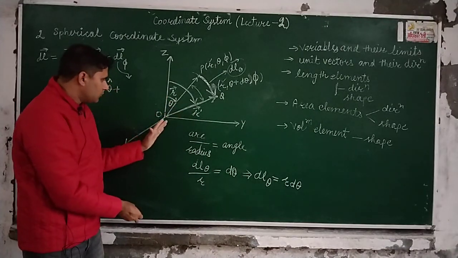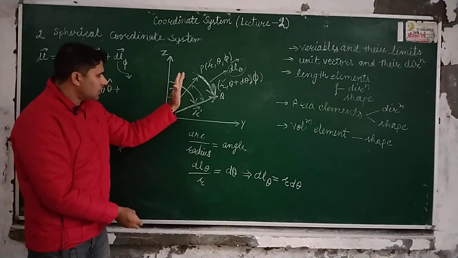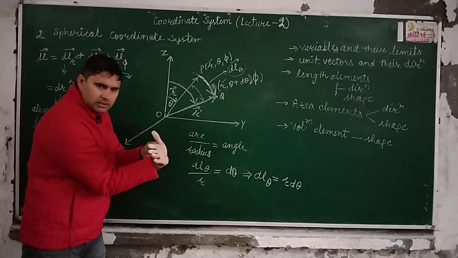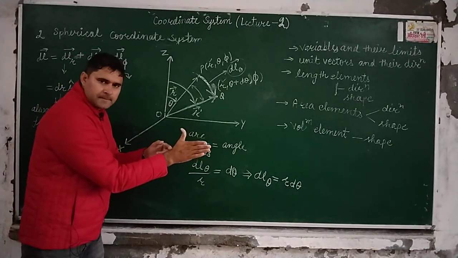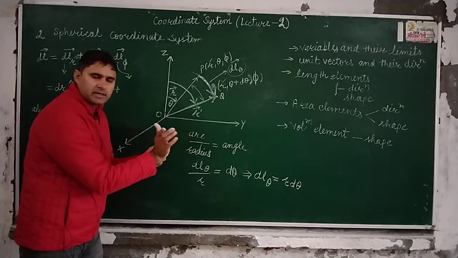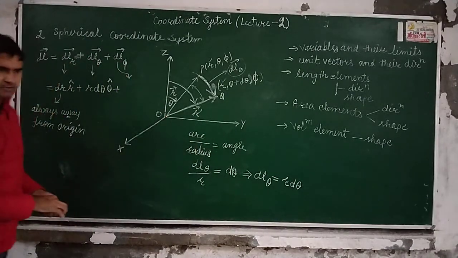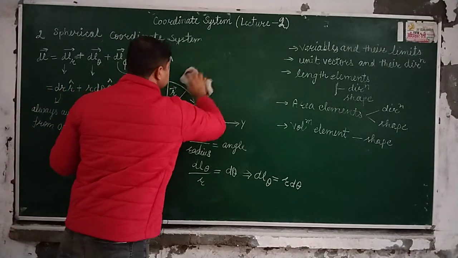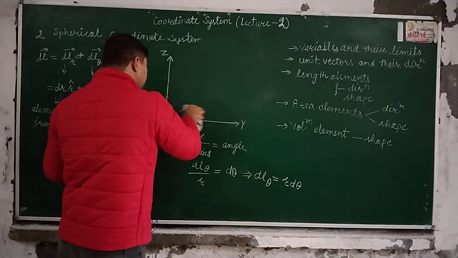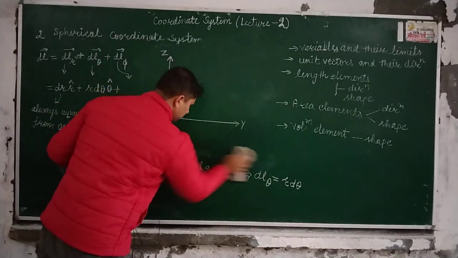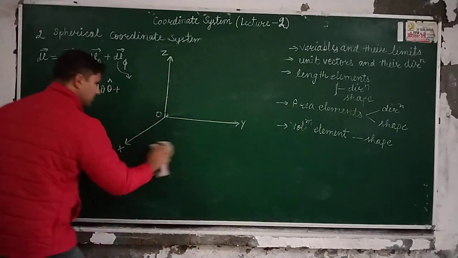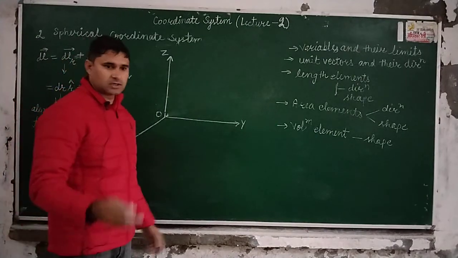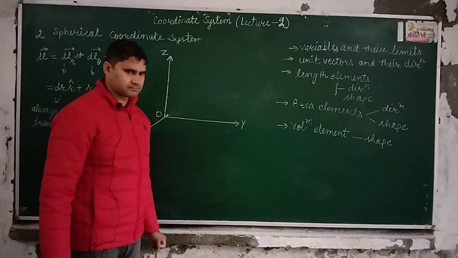So we are to find the projection of the vector r in the xy plane, and then see how much angle is covered by that projection. That will be d phi. Let me draw all things again and erase this. We will make use of the same formula here, arc upon radius equals angle.